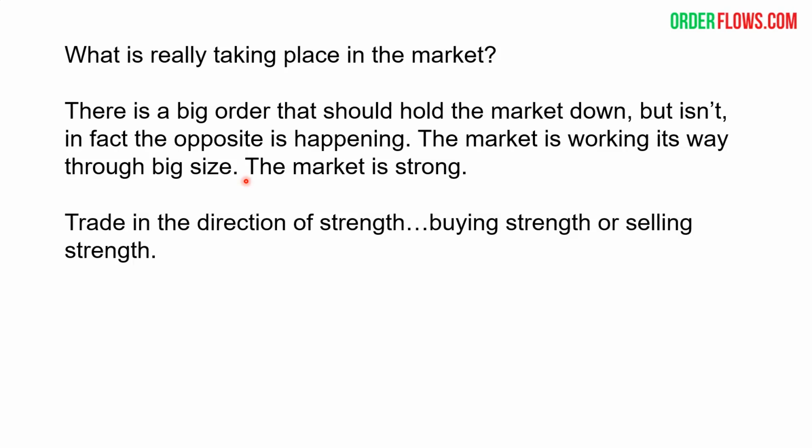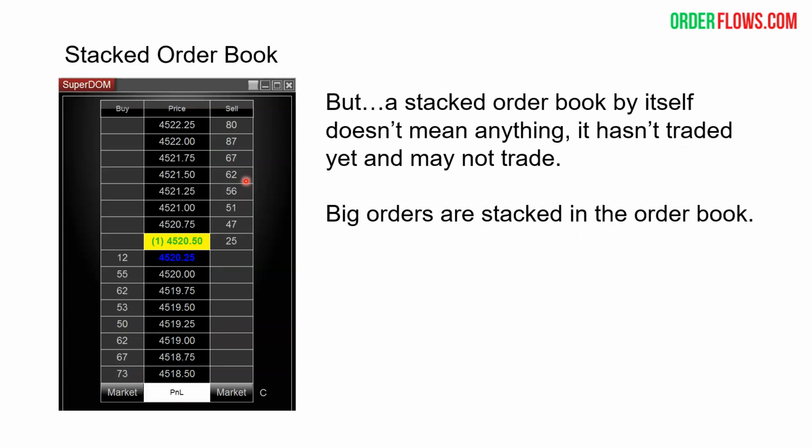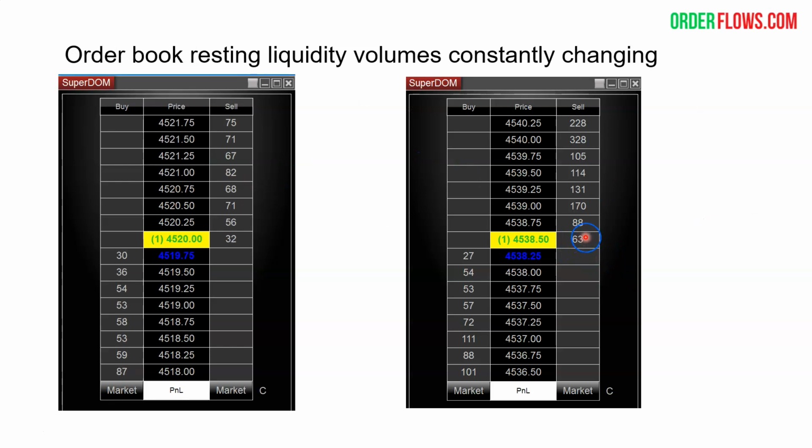The market is strong. What do I mean by that? Going back to the DOM, you see the big orders, and the market is eating its way through these big orders at subsequent levels, and I know that it's a sequence of more volume, more volume, more volume. And when I say more volume, I'm talking about the price level right before.